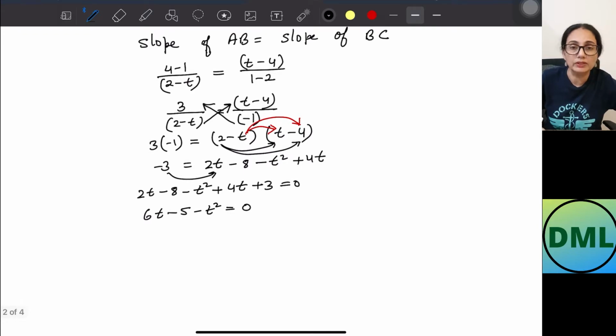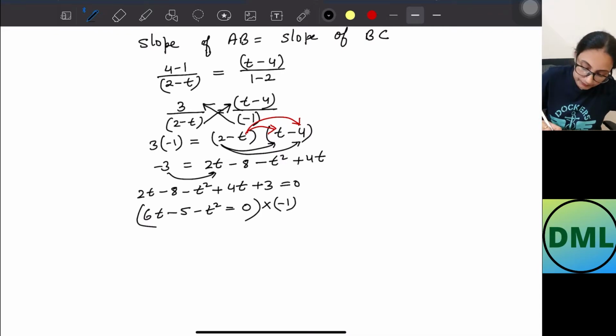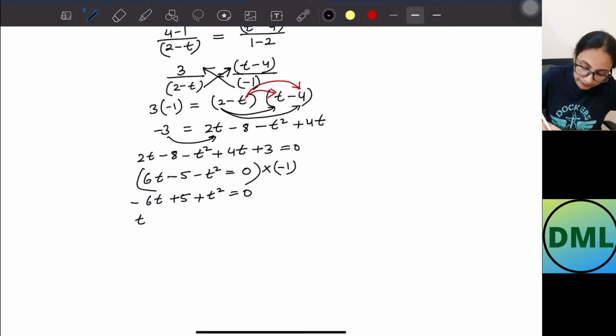Now I have to make the coefficient of t square positive. So what I am going to do? I am going to multiply this full equation with minus 1. This will be minus 6t plus 5 plus t square is equal to 0. Now let's rearrange that. t square minus 6t plus 5 is equal to 0.